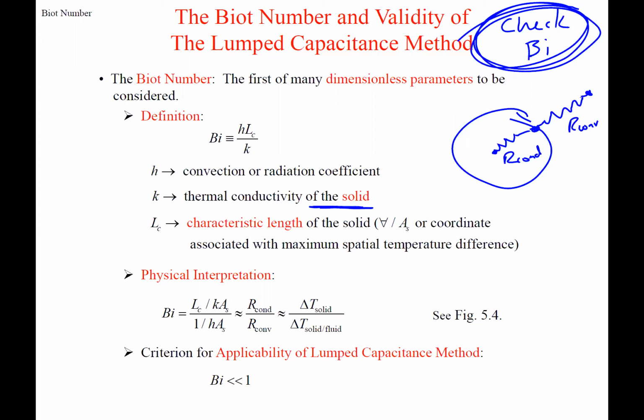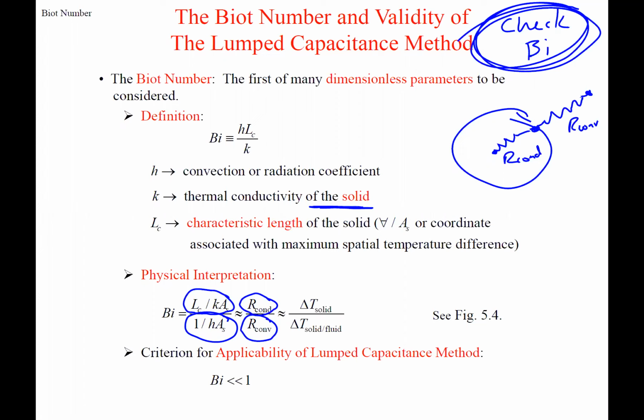So for the physical interpretation, if we move some of these parameters around to make them thermal resistances, we have L over kA, which is our resistance of conduction, and 1 over hA, which is the resistance of convection. So it's a dimensionless parameter showing the ratio of conduction over convection.